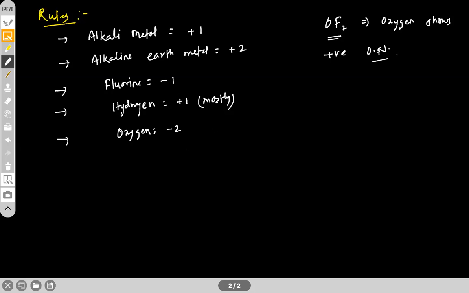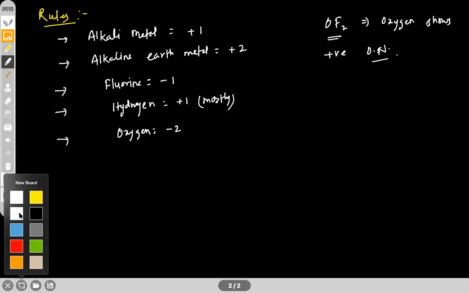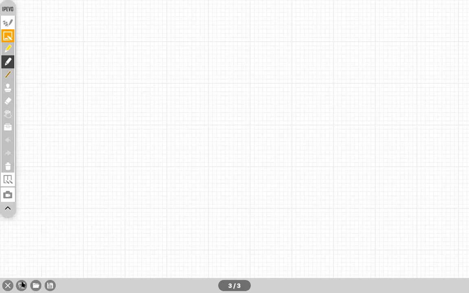We'll do some examples so that you can understand how to find the oxidation number. This is the first step and very important, because everything is based on this. If you make a mistake here, everything else is wrong, so understand this carefully.